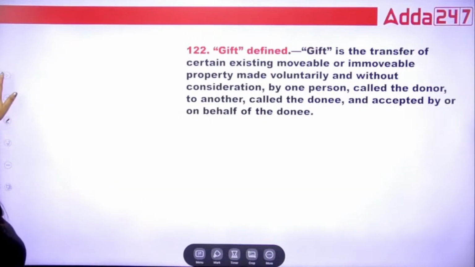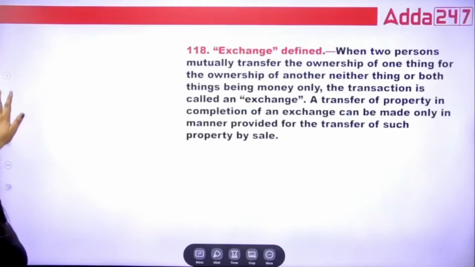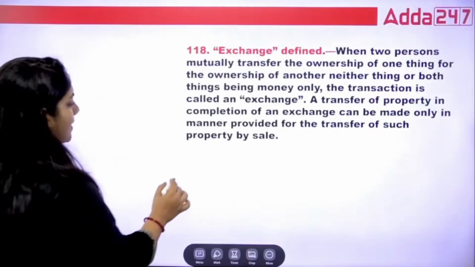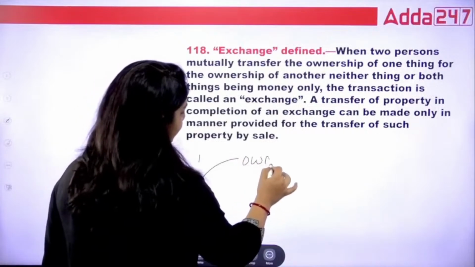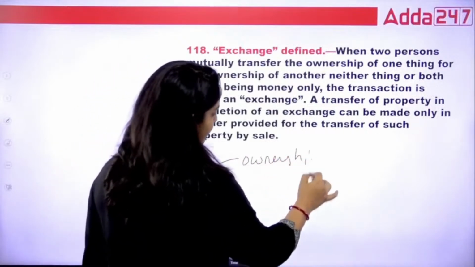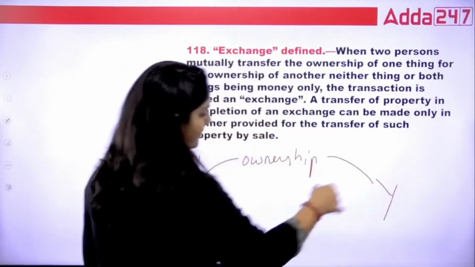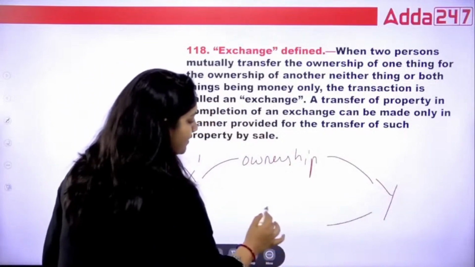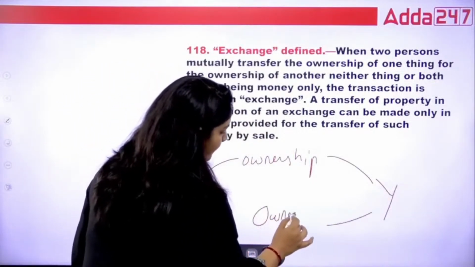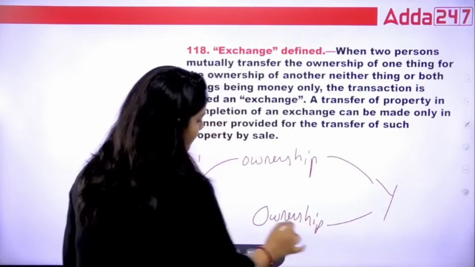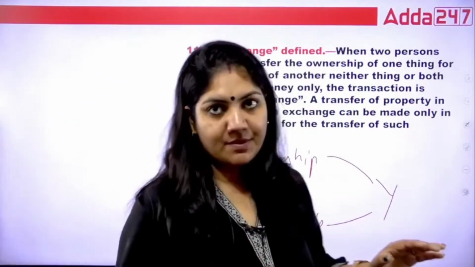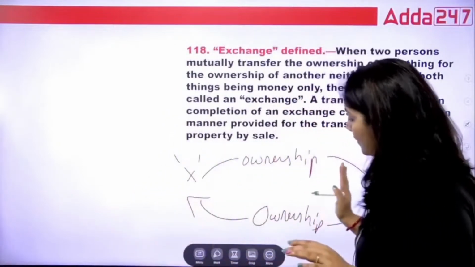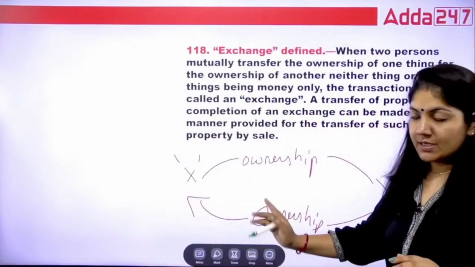What is exchange? Exchange is basically when one person gives ownership to another person, and the other person is also giving ownership to this person. It means no transfer of price from one side.